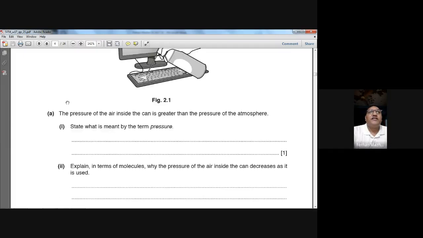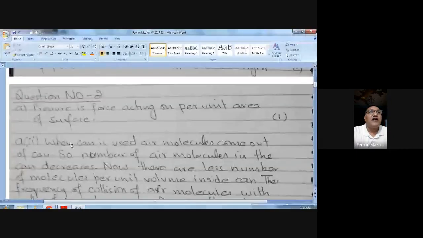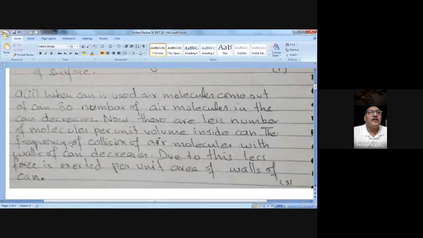I have also written this: explain in terms of molecules why the pressure of the air inside the can decreases as it is used. Let me read the answer also. On your screen you can see the answer. When the can is used, air molecules come out of the can, so the number of air molecules in the can decreases. Now there are fewer molecules per unit volume inside the can.